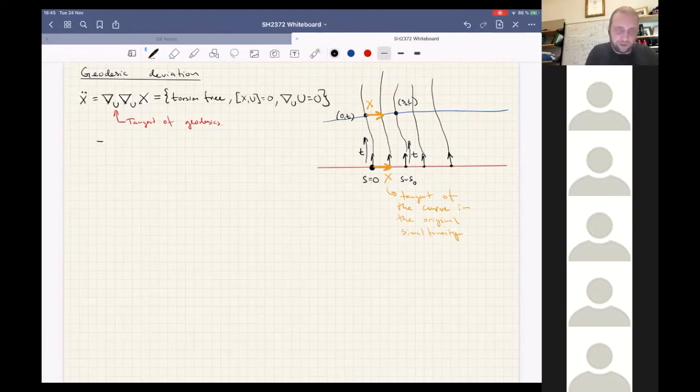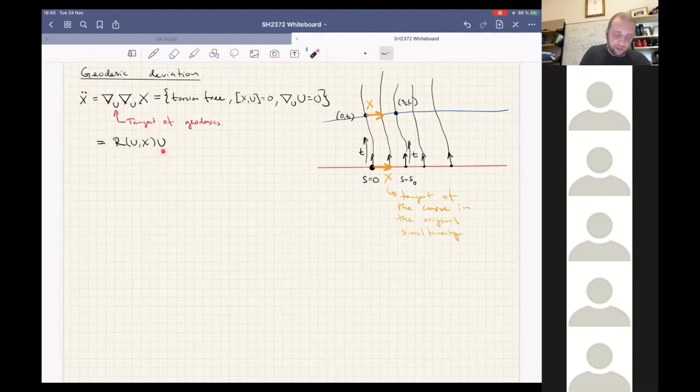If I use all of these things, I'm going to be able to rewrite this as R(u, x) acting on u. So essentially, this is directly related to the curvature of this space-time. So this second derivative of x is directly related to the curvature in the space-time.